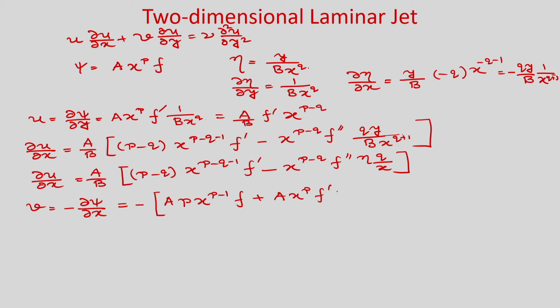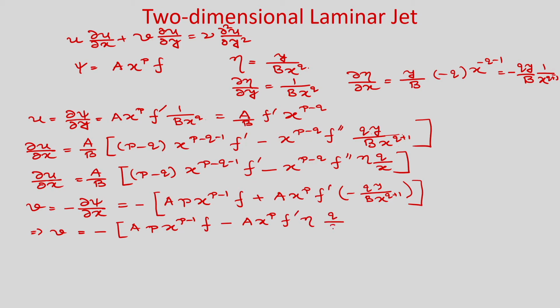So, del eta by del x is this one, minus q y by b x to the power q plus 1. So, if you simplify it, you will get v is equal to minus a p x to the power p minus 1 f minus a x to the power p f prime eta q by x.